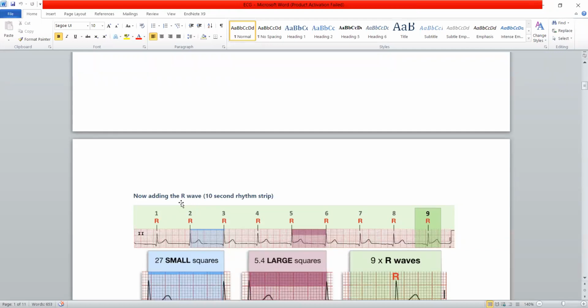The third method is if the heart rate is irregular. If the heart rhythm is irregular, or the RR interval is irregular, then how do we calculate the heart rate? We calculate the heart rate by counting the number of R waves in a 10 second long rhythm strip.